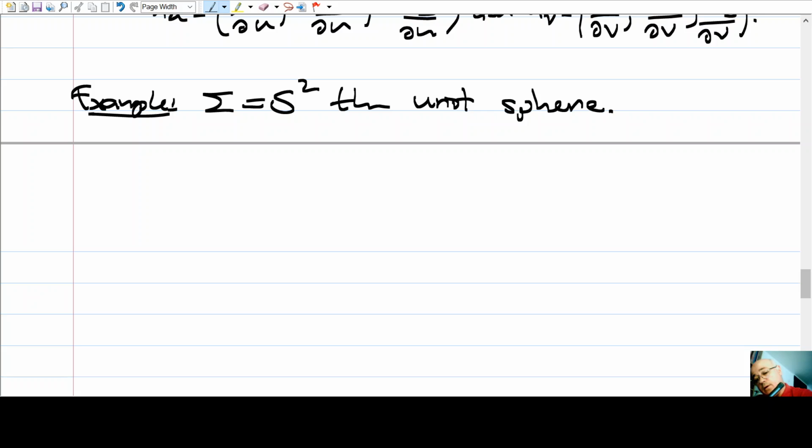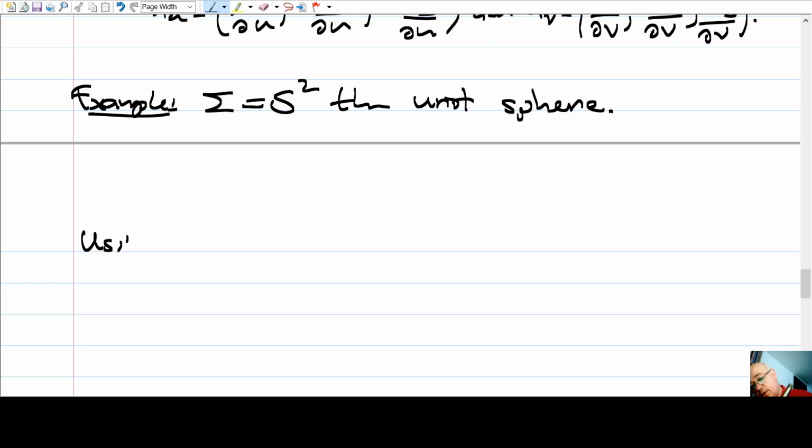Last time we had given some coordinate patches for this using Cartesian coordinates. Now let's consider a different coordinate system, namely the spherical coordinate system for the unit sphere.